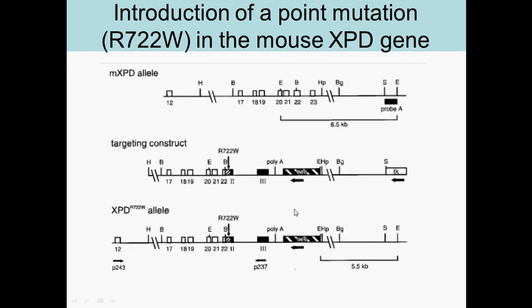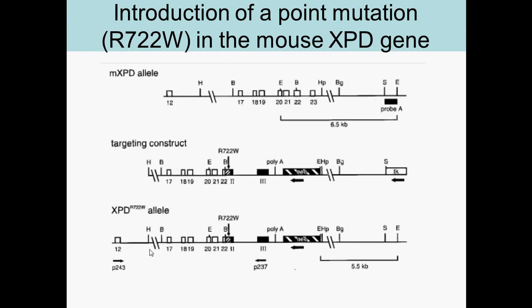And then over here, the introduction of a point mutation, R722W, that's being targeted, and you put that in with the use of the TK and the neomycin, and then doing that whole thing.